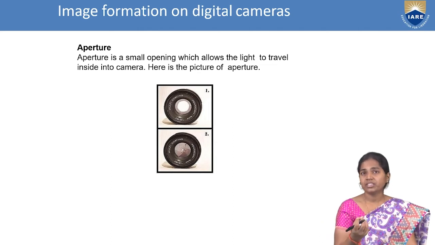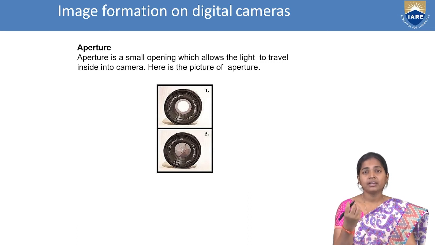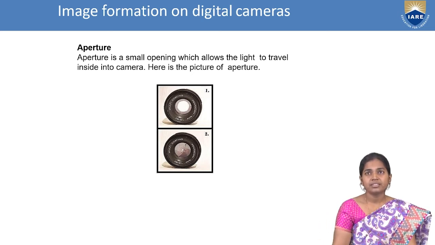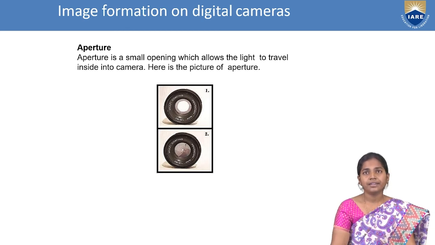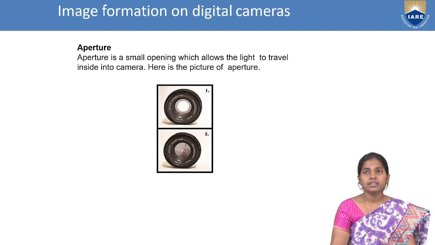If the opening area is very narrow, what will happen? A less amount of light energy enters, and that less amount of light falls on our sensor, so it gives less output. So image quality is not clear here. Aperture is a small opening which allows light to travel inside the camera. Here is the picture of aperture.